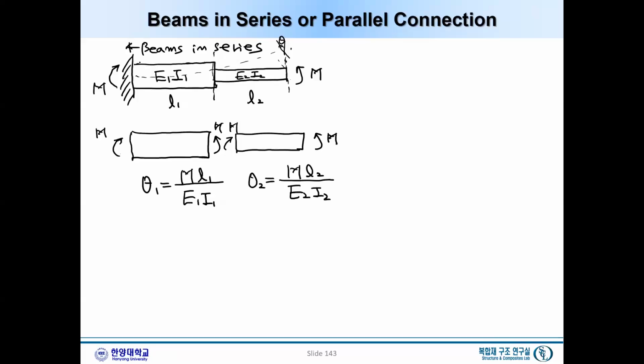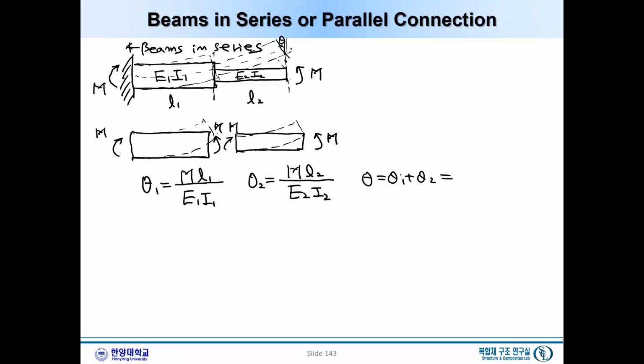So I can draw like this way, and this way, this much, and there will be an angle of rotation theta. So theta is simply, this will rotate this much. That is theta 1, and this one rotates theta 2. So simply the final theta will be, geometrically, theta 1 plus theta 2.